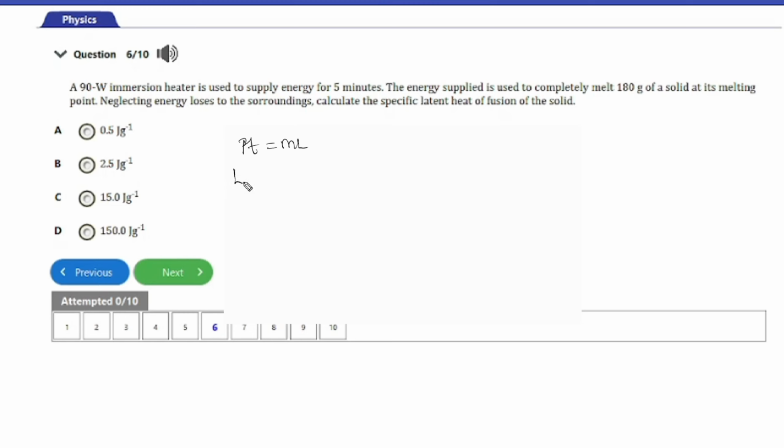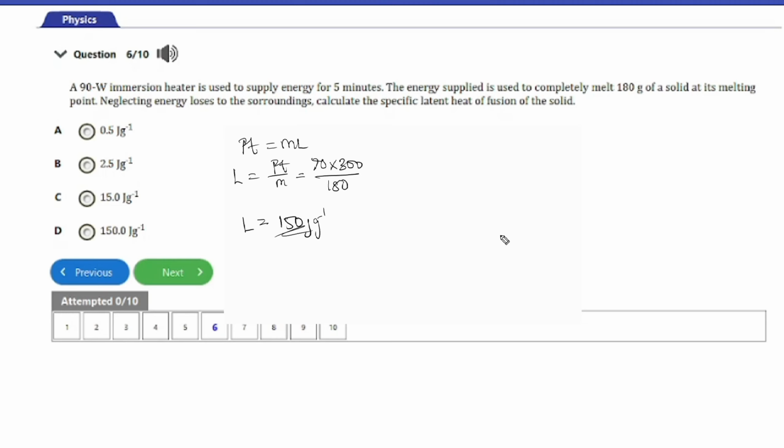We'll make it the subject of this equation, so that's PT over M. So in that case, the power is 90 watts, the time is 300 seconds, and the mass is 180 grams. So this will give us 90 times 300 over 180. So guys, the answer to this question will be 150 joule per gram. And that's it for this question.